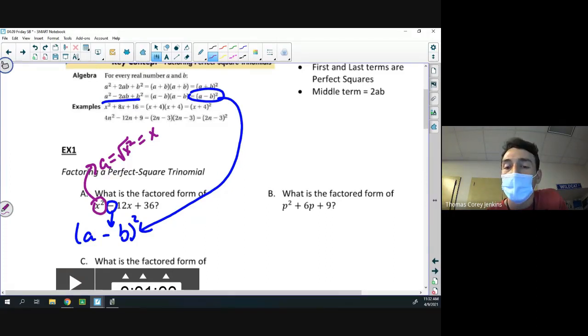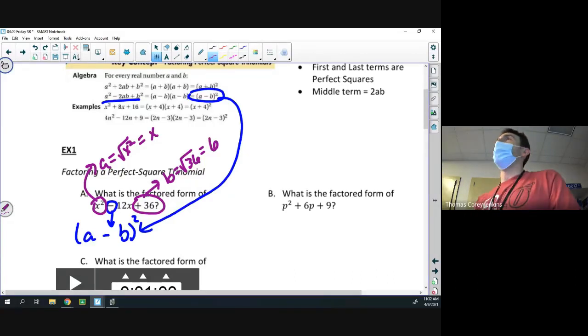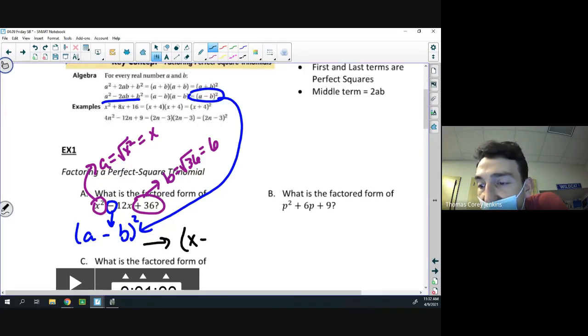And then b is the square root of the last term, which is what? What's the square root of 36? You can just blurt it out. 6, right? So once you have a and b and you have your formula, then you just plug it in and you're done, okay? So if it's a minus b squared, we plug in our a and our b. We know that our answer is x minus 6 squared.